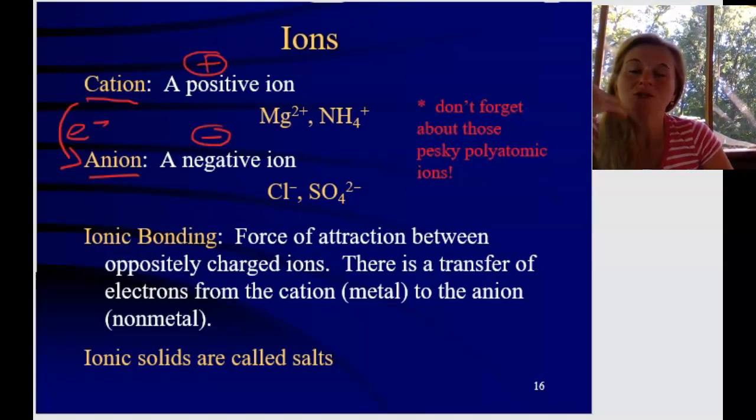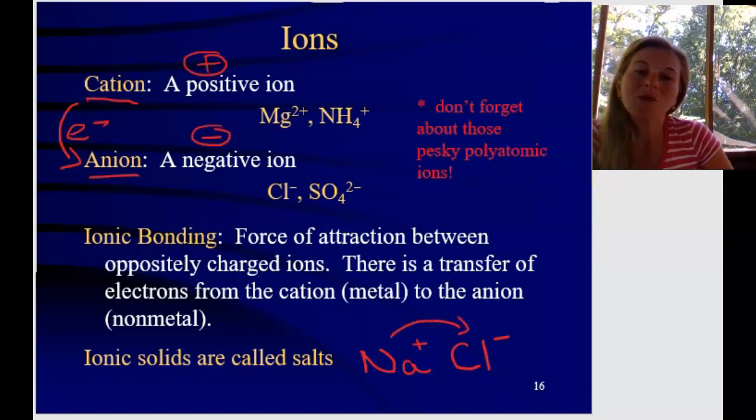The metal has transferred electrons to the nonmetals. And ionic solids are called salts. And our favorite example right off of the dining room table is sodium and chlorine, right? Sodium gives chlorine 1 little electron, and they become steadfast friends. And we have sodium chloride.